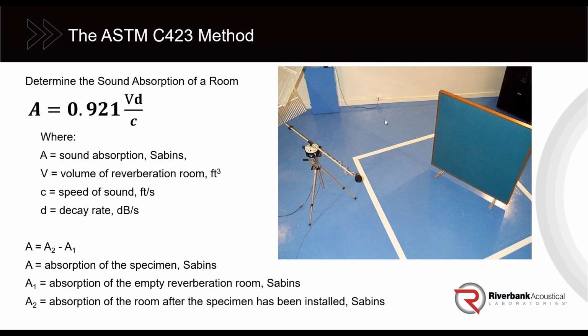If you subtract the empty chamber, then you're left with a quantity of sabins attributed just to the sample under test. So a sound absorption area that has been added to the chamber just from adding this device or object or whatever it is under test.